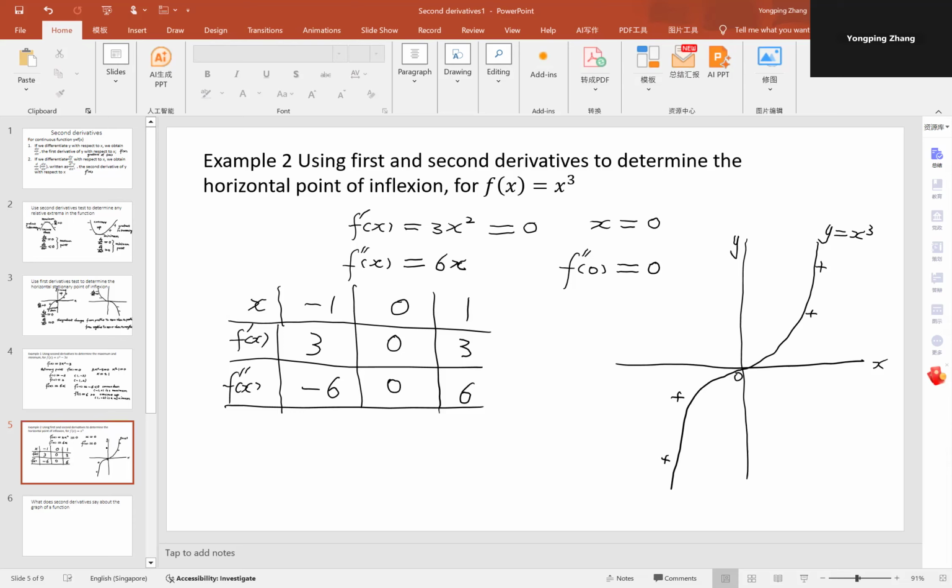So point 0,0 is a horizontal point of inflection. This is the gradient.